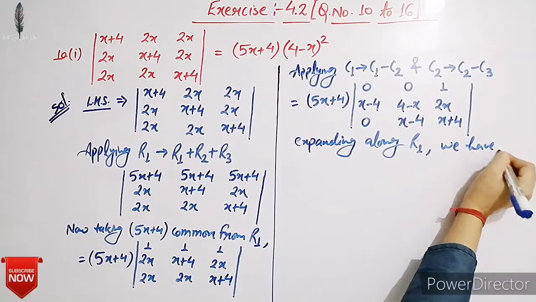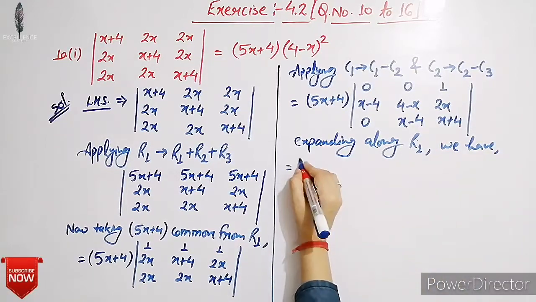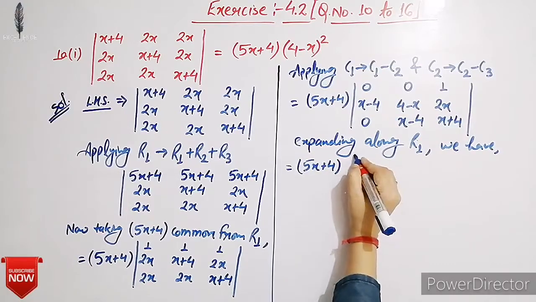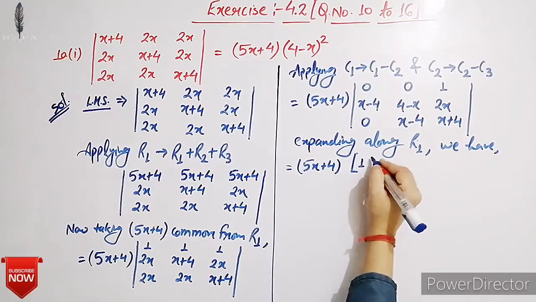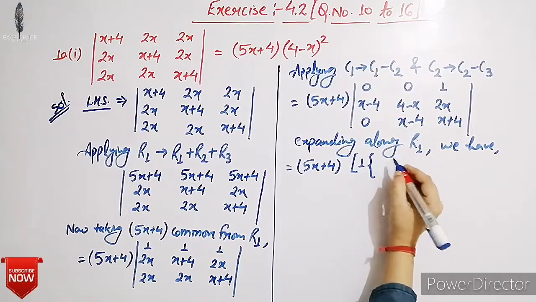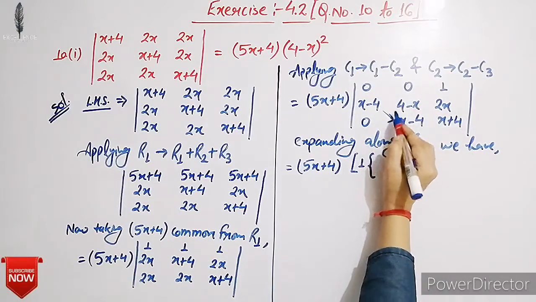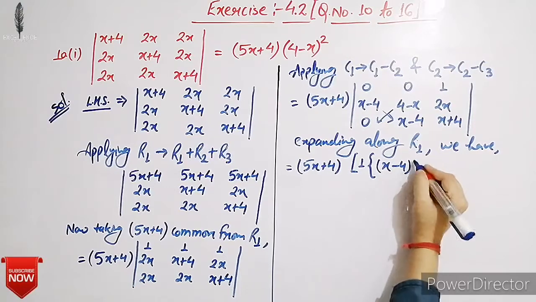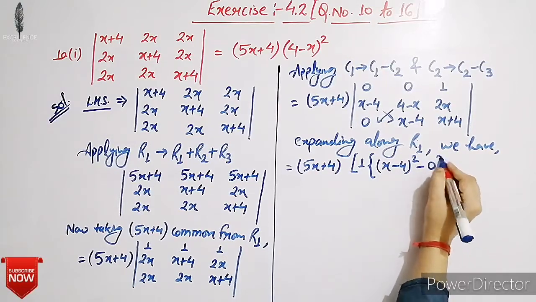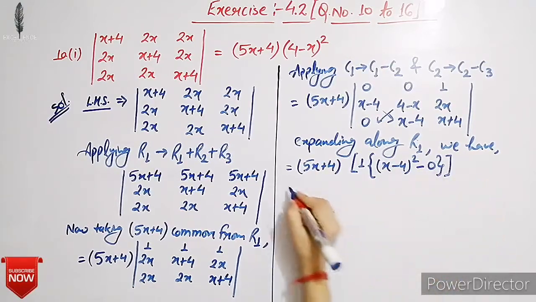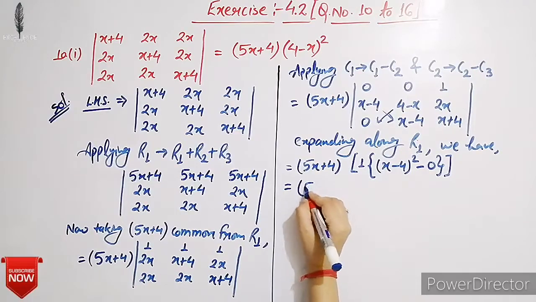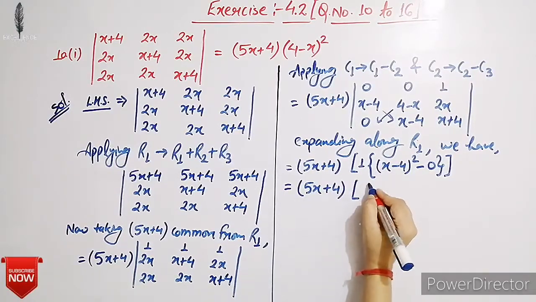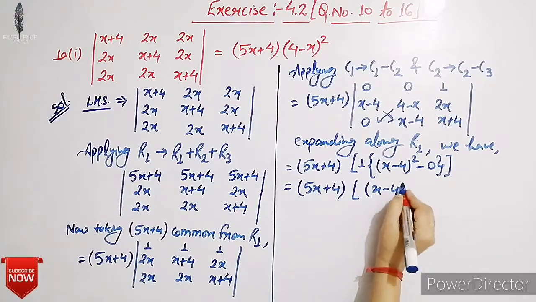we have 5x plus 4 into 1 into x minus 4 into x minus 4, that is x minus 4 whole square, minus 0 into 4 minus x, that is 0, is equals to 5x plus 4 into x minus 4 whole square.